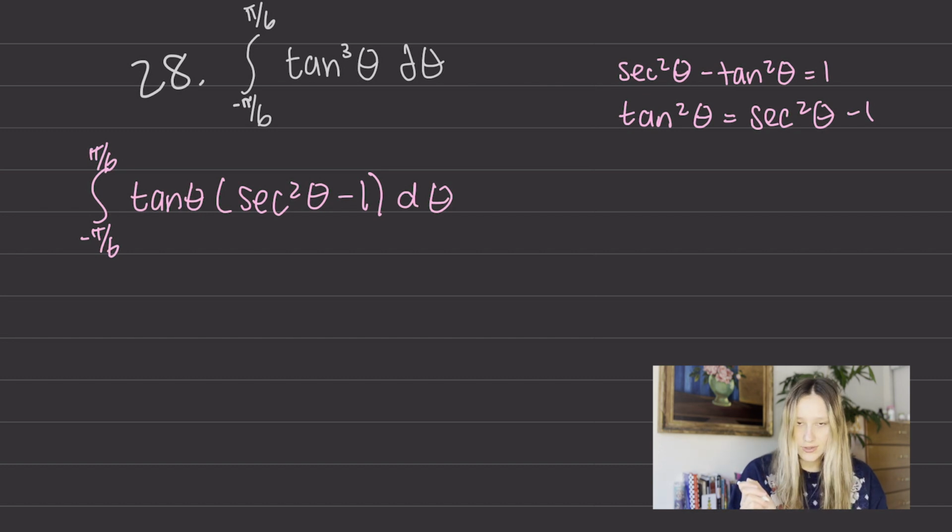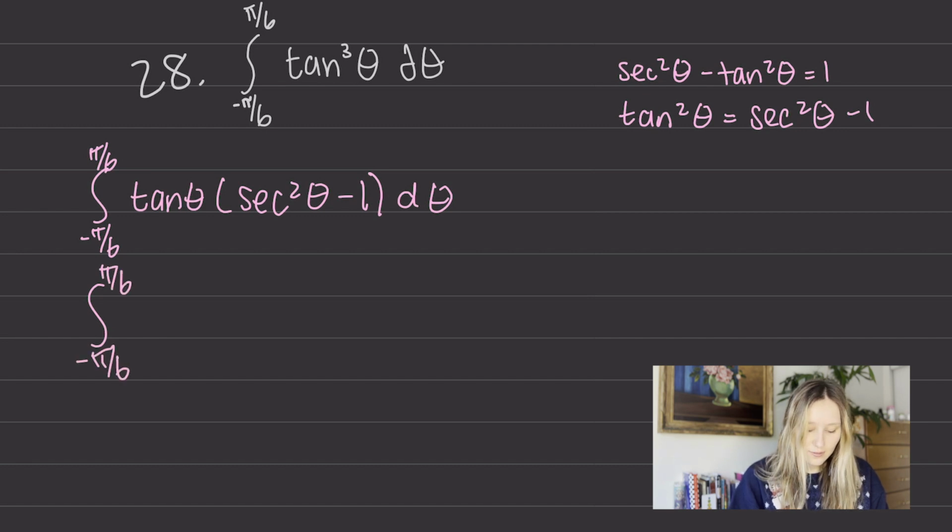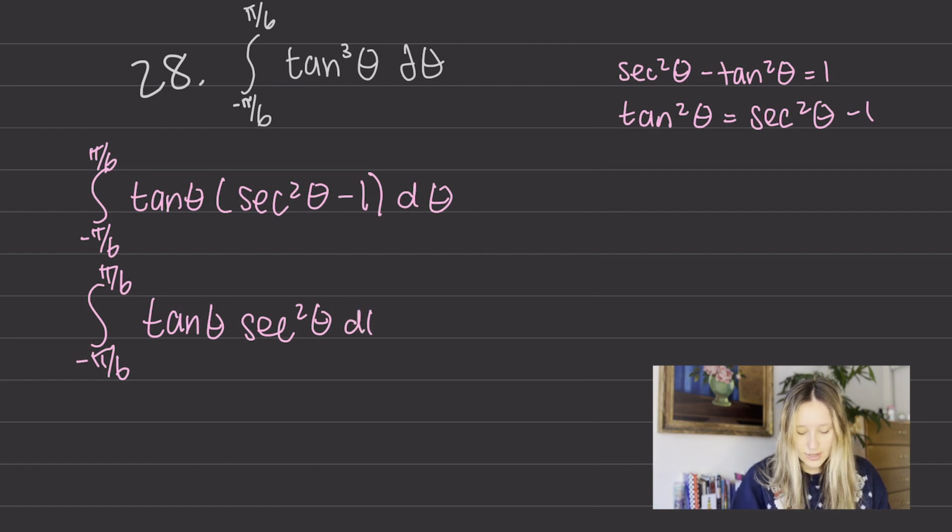We distribute this, and we get the integral from minus pi over 6 to pi over 6 of tangent theta secant squared theta d theta, and then minus tangent theta d theta.